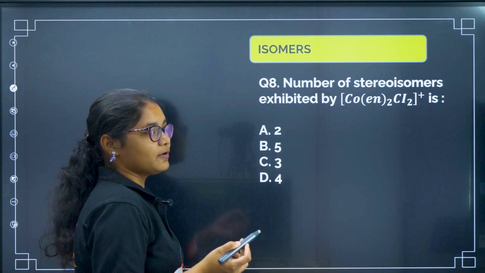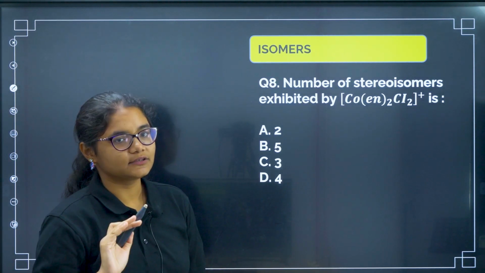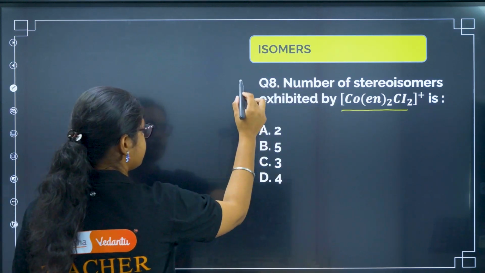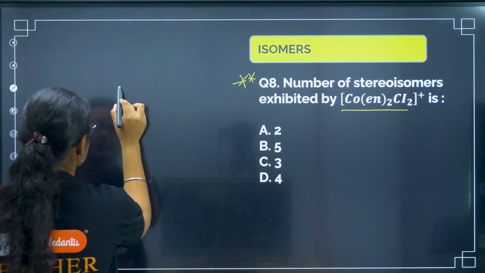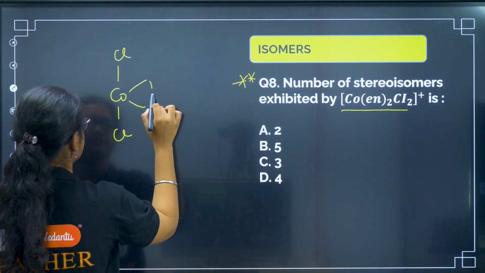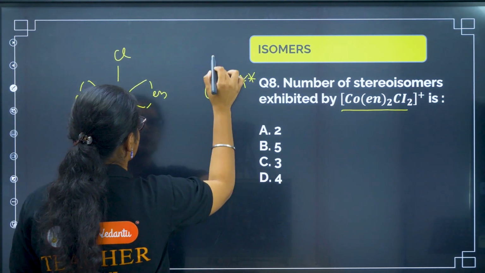Next. Okay, one of the major topics, isomers. You have to learn about geometrical isomers and stereoisomers. CoEn2Cl2 is one of the very important examples. First of all, it can have this trans geometry. Then we can have the cis geometry here.